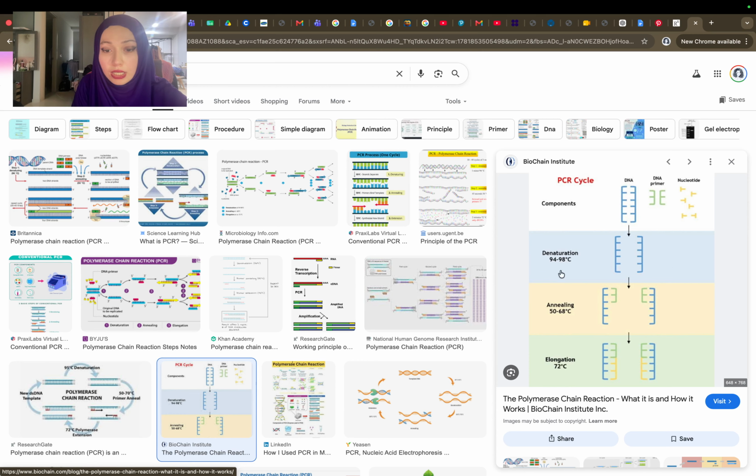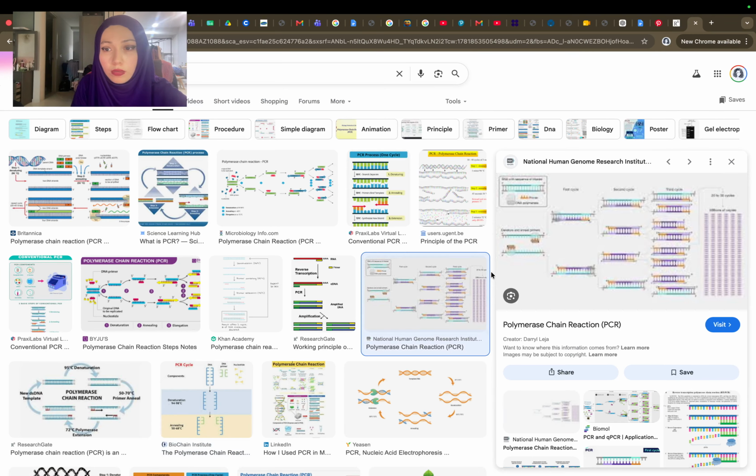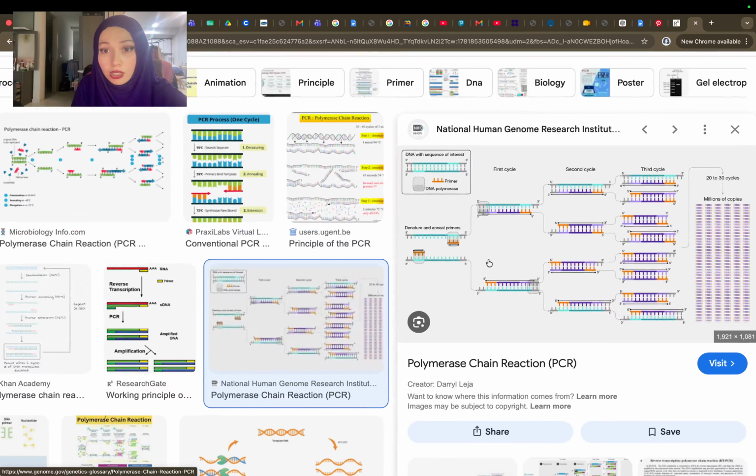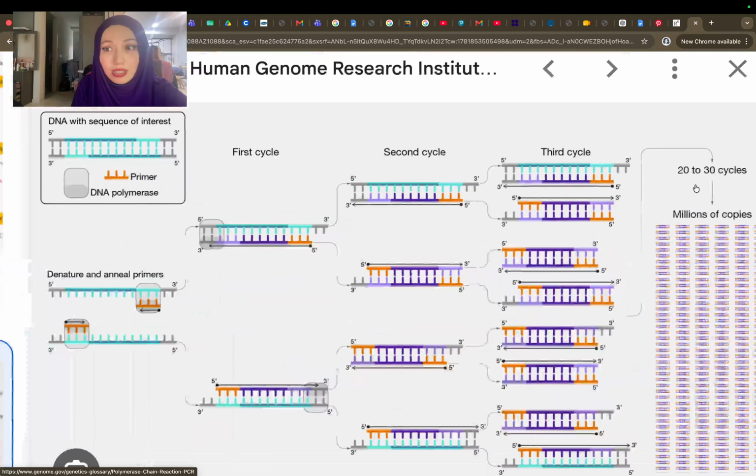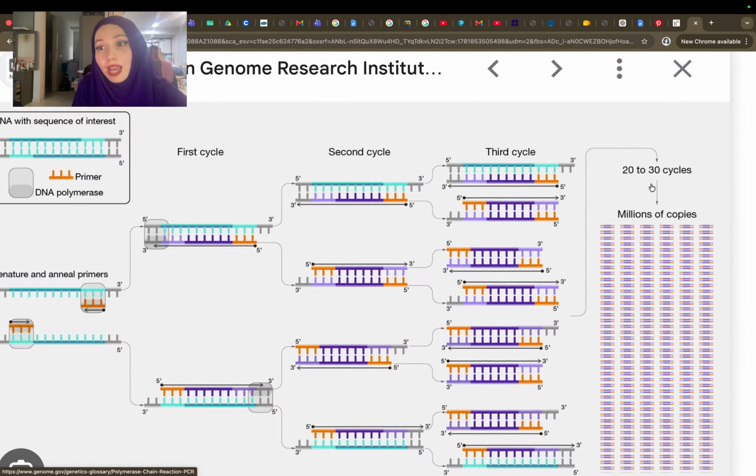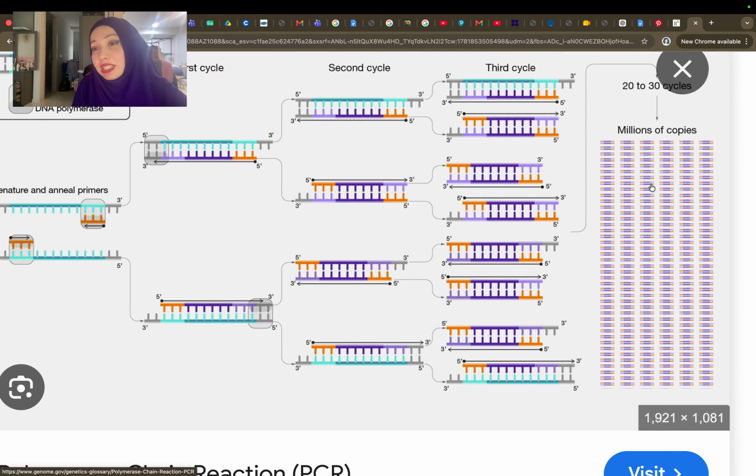We can get a lot more genes. You can see denaturation again, first cycle, second cycle, third cycle, and when we have reached 20 to 30 cycles, we already have millions of copies. Isn't that so cool?